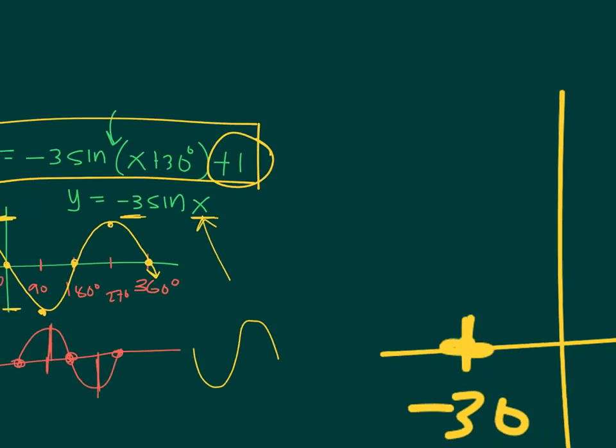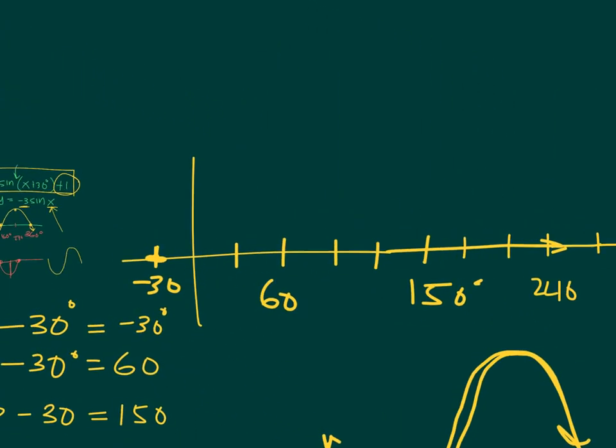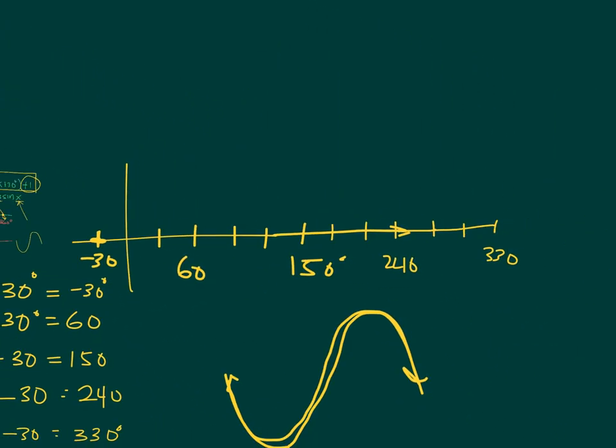We have to move it up by 1. Originally, the locations are 3 and negative 3, so up by 1, you have 4, and the negative 3 will be negative 2. The middle point will be at 1. So 0 goes to 1, 3 goes to 4, negative 3 goes to negative 2. This will be your guide.